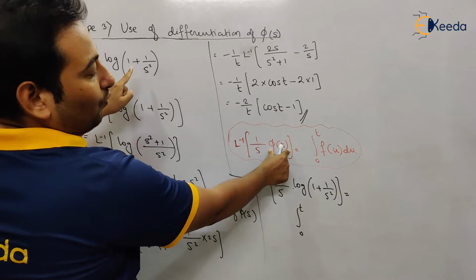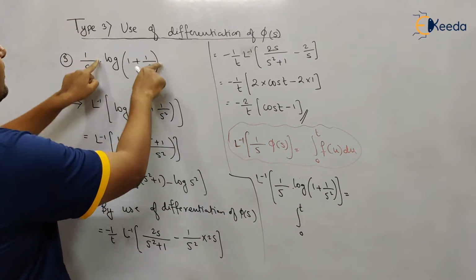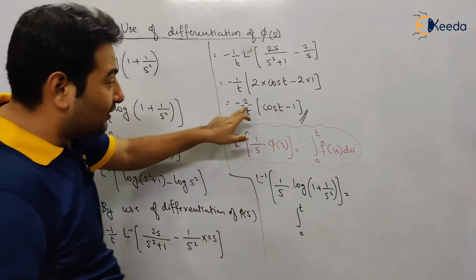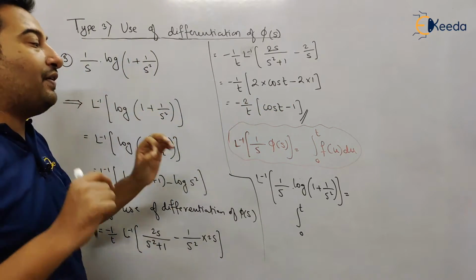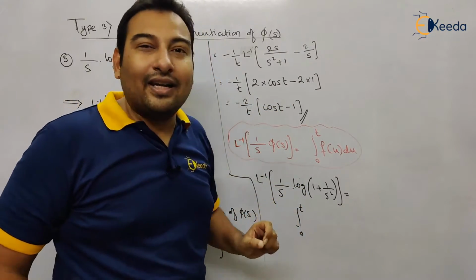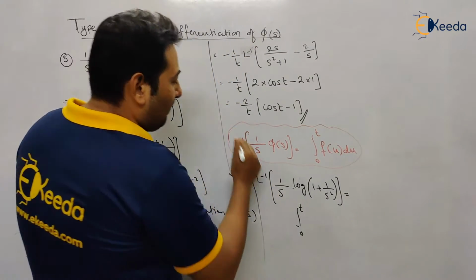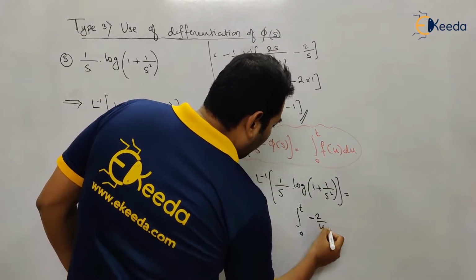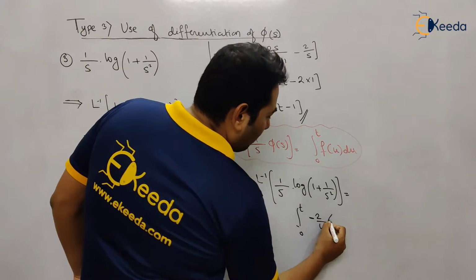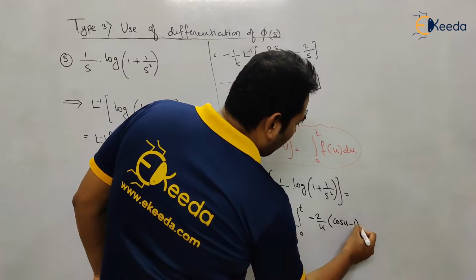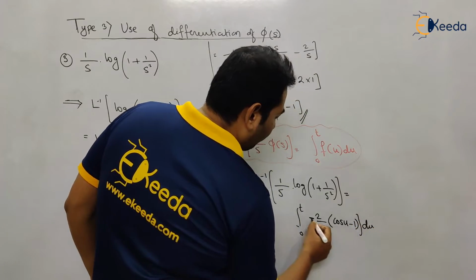Leaving 1 upon s, whatever is left is phi of s. This is my phi of s and its inverse is this particular term. And whatever we write inside this integration, we write in terms of u. So it will be minus 2 by u into cos u minus 1 into du.